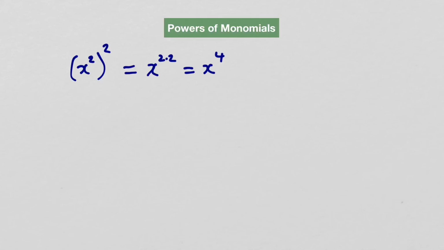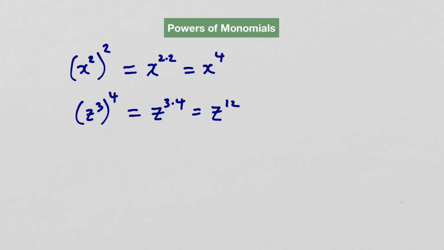Okay, we're multiplying the powers together. When you have a power raised to another power, you multiply those two numbers. Okay, here's another example. Let's say we've got z to the 3rd to the 4th power. That is equal to z to the 3 times 4, which is equal to z to the 12th.